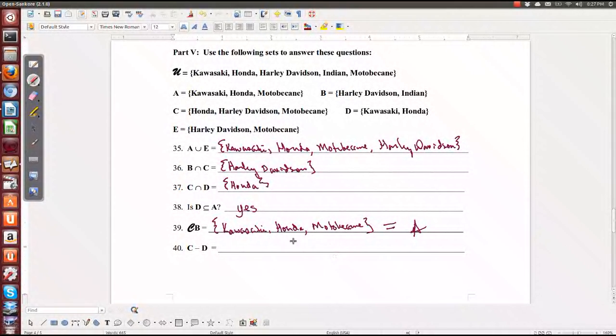And the last simple set problem we have is C minus D. I want to find the set subtraction.